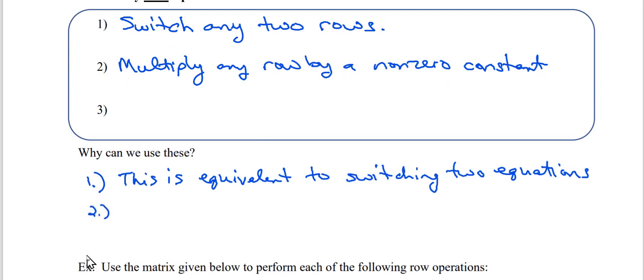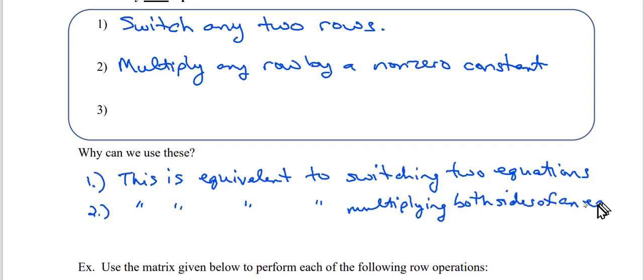Remember, this is equivalent to multiplying both sides of an equation by a constant, because that row represents an equation. This you definitely cannot do to a column. You can't just change all of the coefficients on the y's in the various equations, right? That is definitely a no.